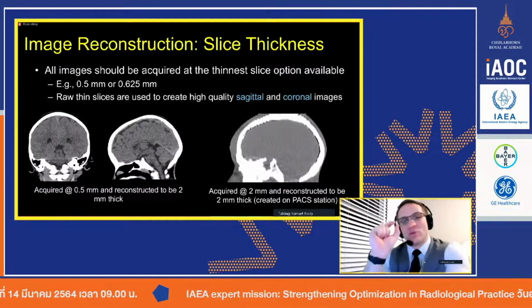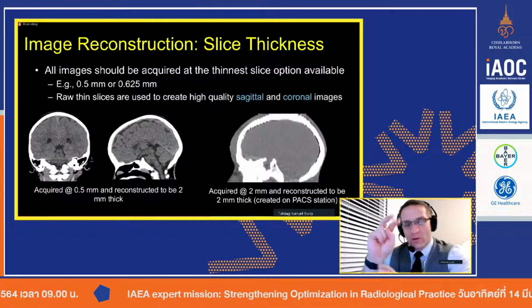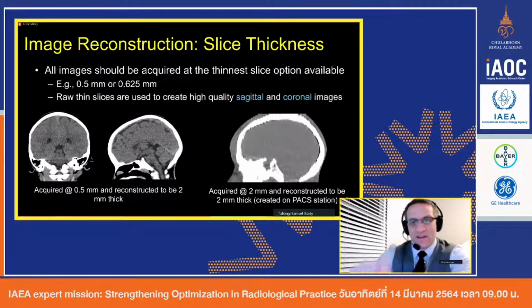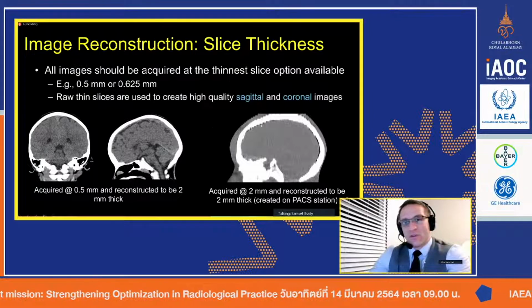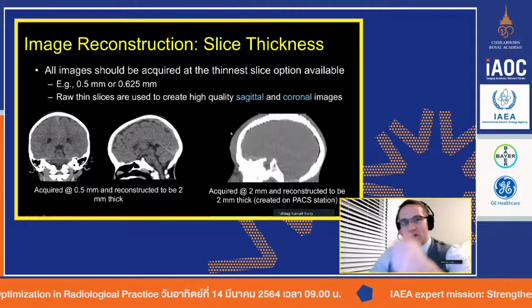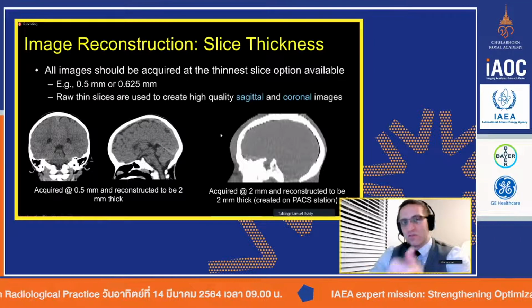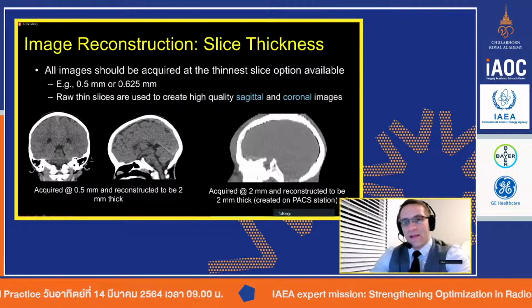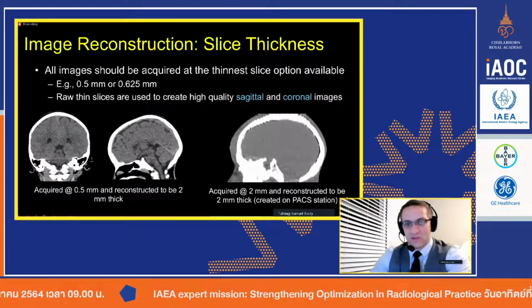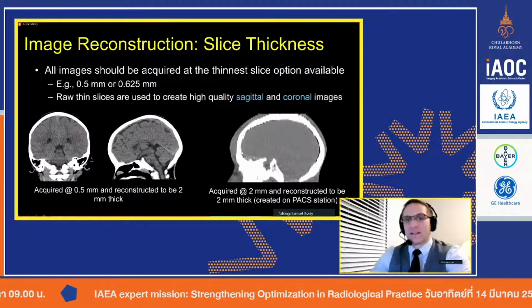So unless you are sending the so-called raw data, the thin slice imaging, to PACS, the radiologists are forced to create these reformat views using the thicker slice data, the 2 millimeters, 3 millimeters, 5 millimeters, whatever. And so when they create the reformats, the data looks very artifact laden.